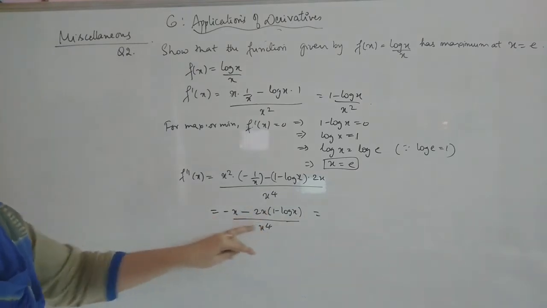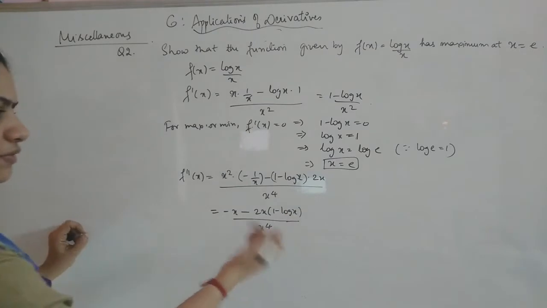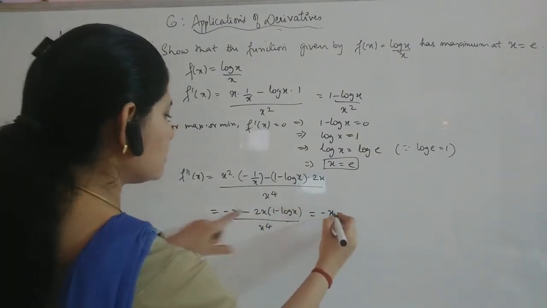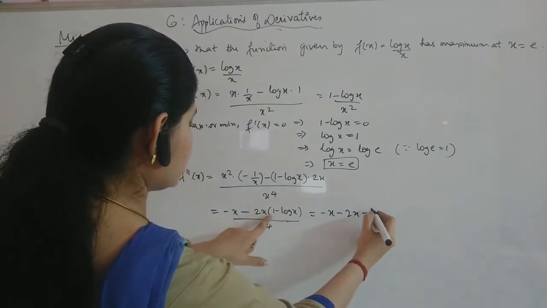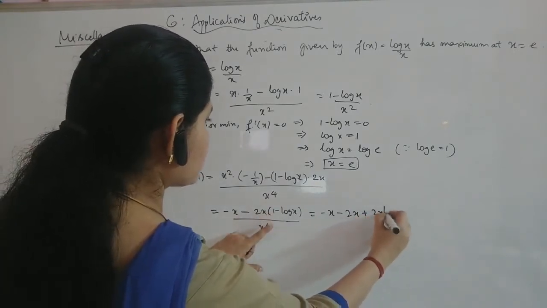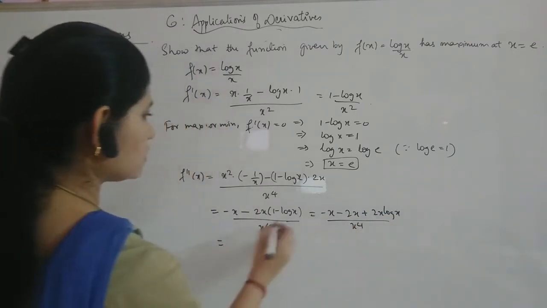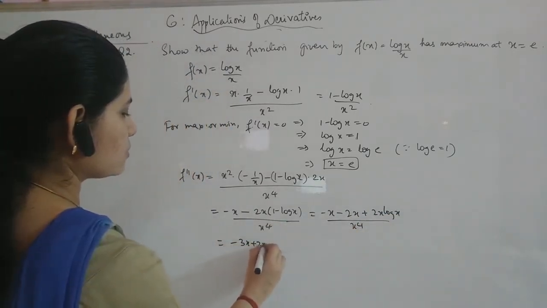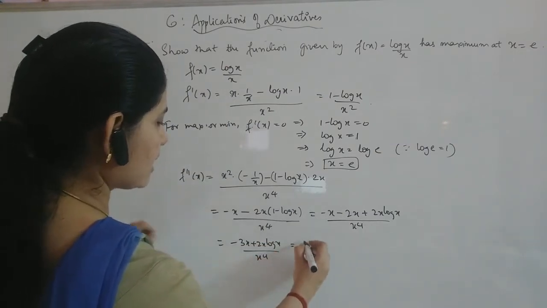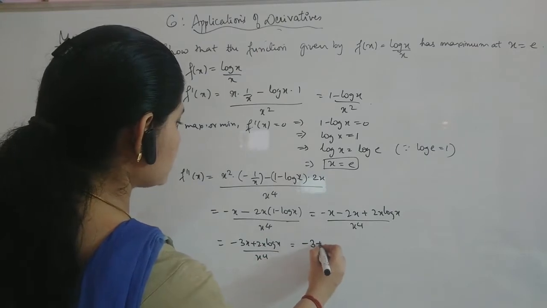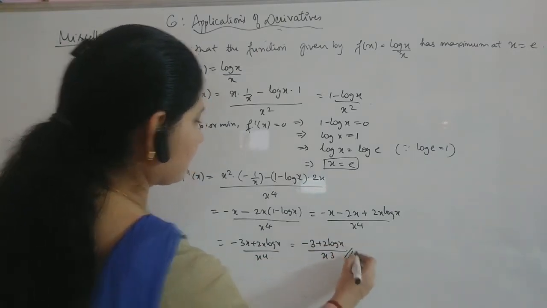Here itself you can just replace the value of x as e. If you want to simplify, it's okay. Otherwise you can just check the value here. Minus 2x plus 2x log x divided by x raised to 4. So this is giving you minus 3x plus 2x log x divided by x raised to 4, or one x can be cancelled so that it becomes minus 3 plus 2 log x divided by x raised to 3.